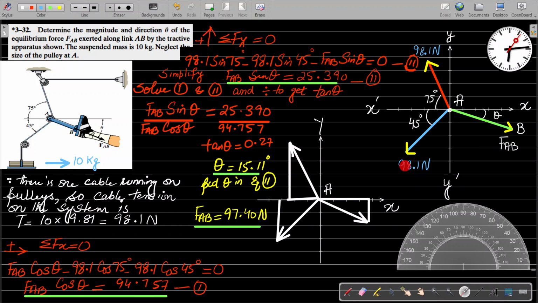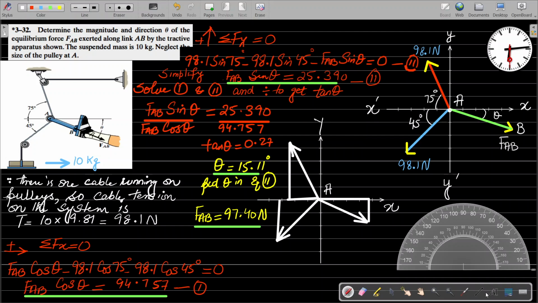And this 98.1 newton force will have two components, one along the negative x and one along the negative y. You can see these are the components that I have just told you. They are being added by the head to tail rule. These are the respective components that we have just discussed.